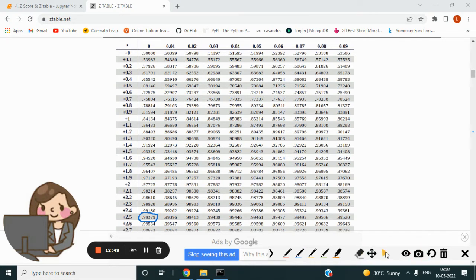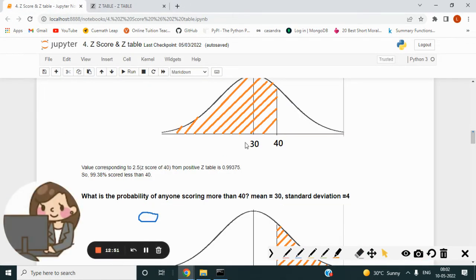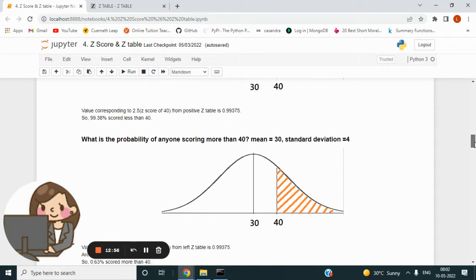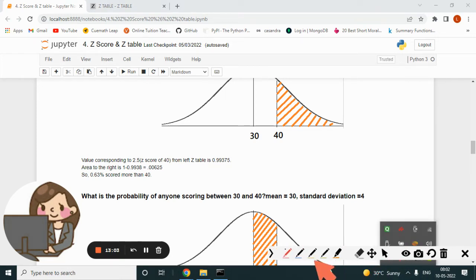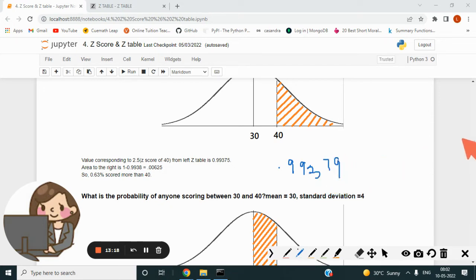Okay, 0.99379. So this much is below 40.